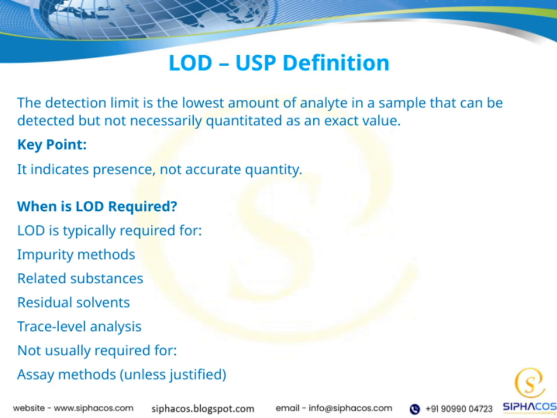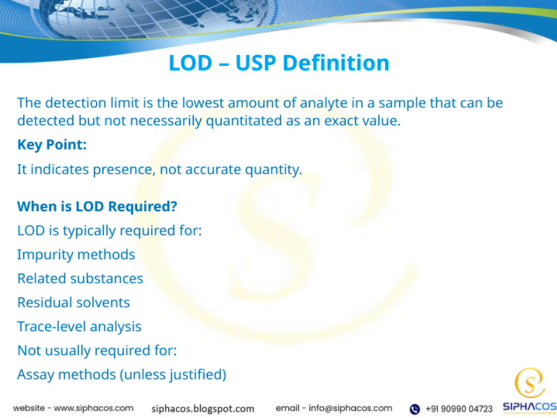Now, when do we actually need to determine the LOD? Typically, it's required in methods where identifying very small amounts matters, such as impurity analysis, related substances, residual solvents, or trace-level analysis. In these cases, knowing whether something is there at all is crucial.